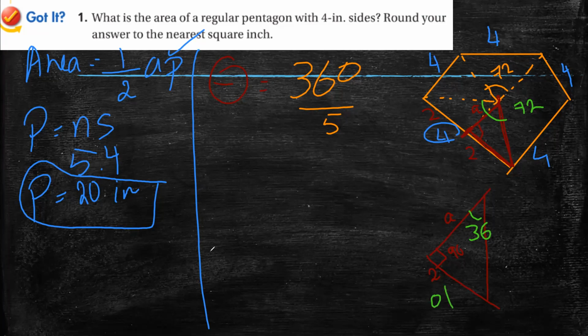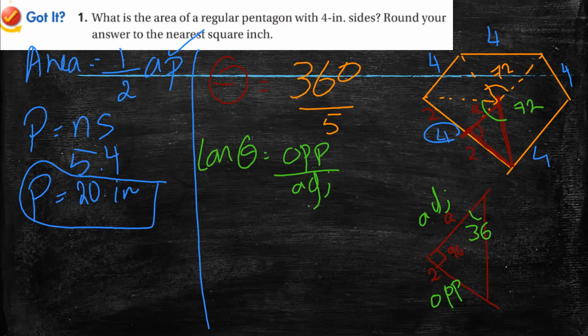Now, this is the opposite, this is the adjacent. As you see, if you need to find the apothem, every time you need the tan. Why? Because tan is opposite over adjacent. So tan theta is opposite over adjacent.